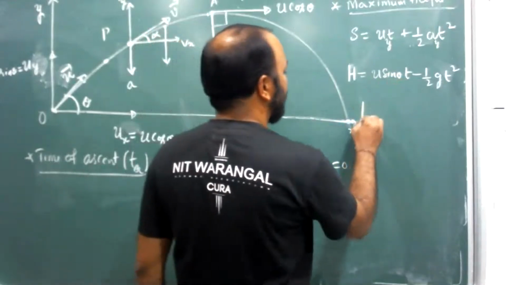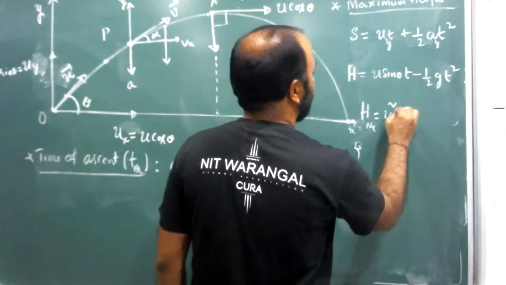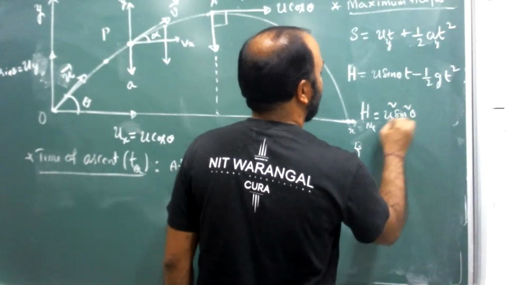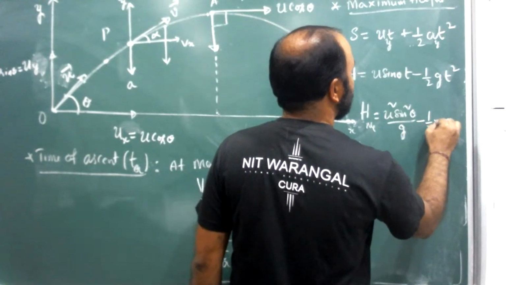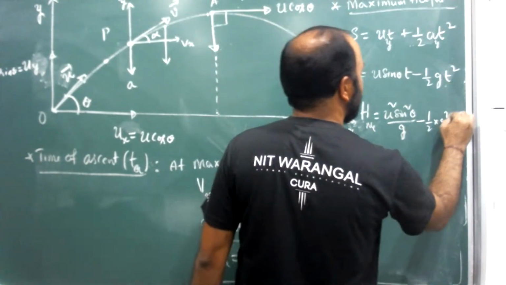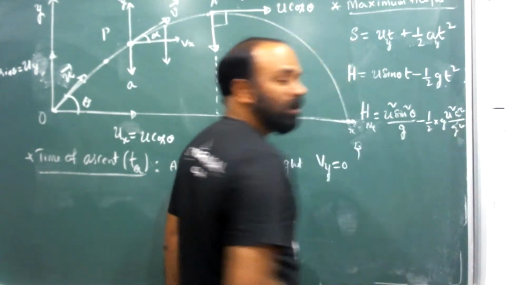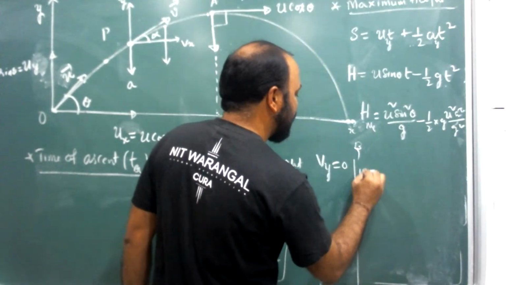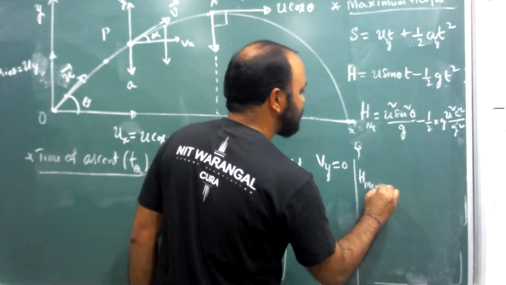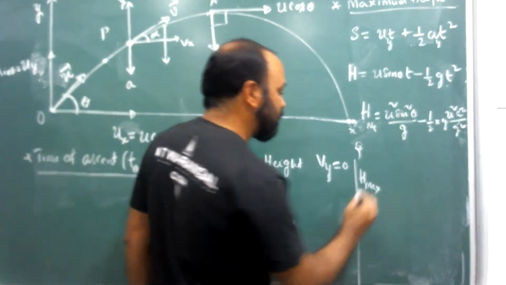So we can write h maximum equals u square sin square theta by g minus half g into t square, which is u square sin square theta by g square. Numerator g, denominator g get cancelled. So h maximum is equal to u square sin square theta by g, minus another u square sin square theta by g, with the half.